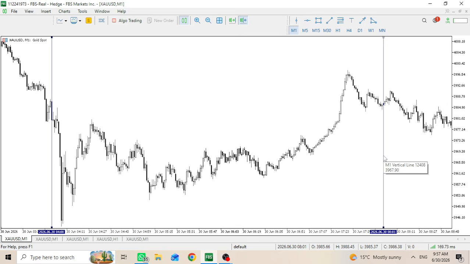Learn the 4-hour candle price action. Trust me, if you learn the 4-hour candle price action, you just mark the opening of a 4-hour candle and close of a 4-hour candle. And then start learning the inside price action by yourself.